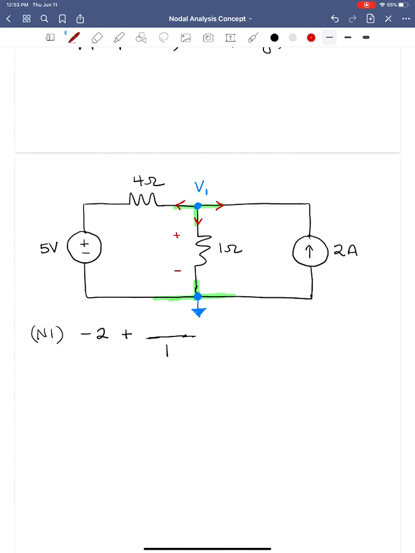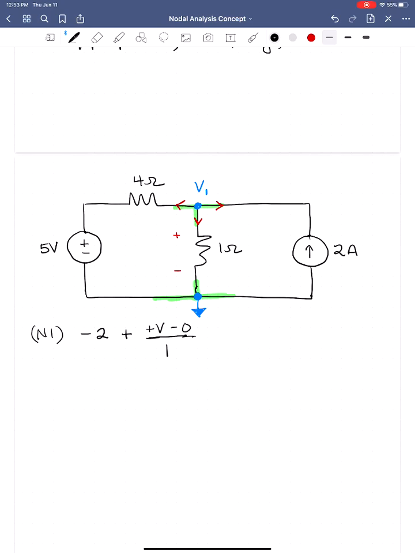So I need the plus here. Remember the electrical body stuff we did from the first lectures. Plus V1, the voltage at that terminal, minus the voltage at this terminal or node, has to give us the voltage drop across that resistor. So this voltage here is going to be plus V1 minus the voltage here at ground, which is 0.